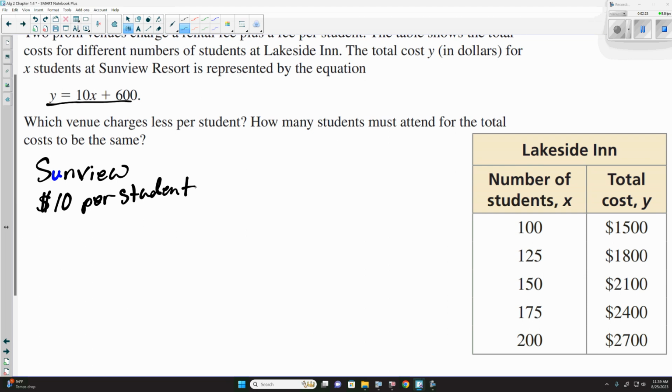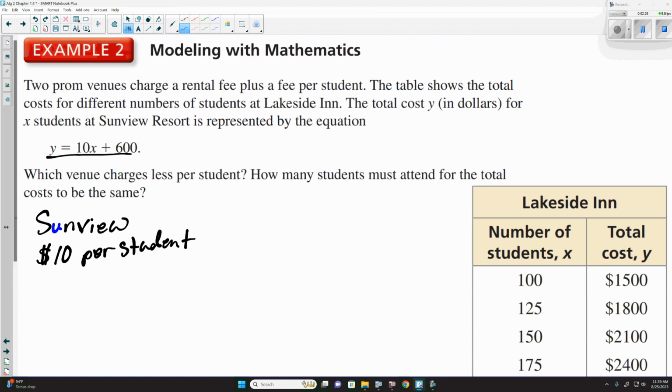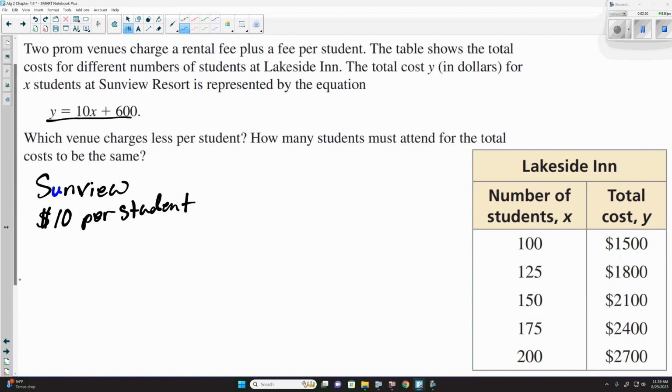And the cost to rent it, because we'll have a rental fee, is our y-intercept, which is $600. It's the rental fee. It's just the starting price. So just going to Sunview Resort costs us a minimum of $600 plus the total cost per student, which is $10. Questions on this so far?